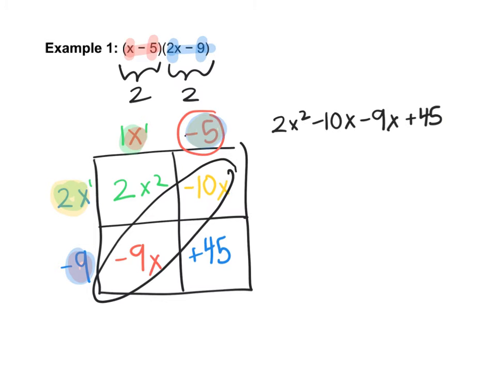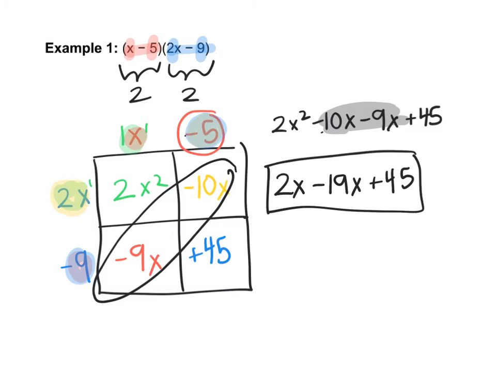So we can put those 2 together. No matter what, I'm still going to have that 2x squared out front. But if I do negative 10x minus 9x, I get negative 19x and then plus 45. And that is your box method, and that's your final answer.